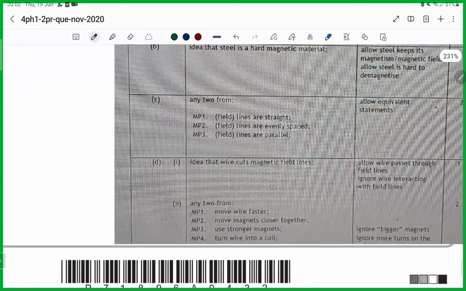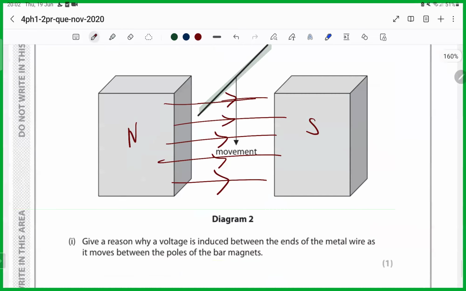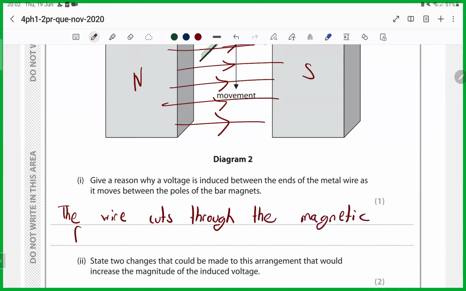So you can write it in any way, that the wire cuts through the magnetic field lines.